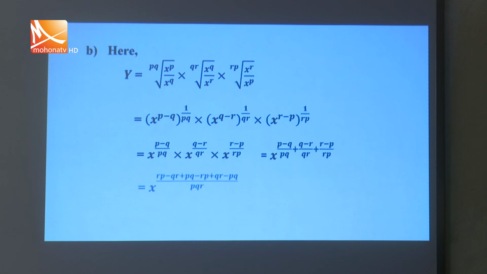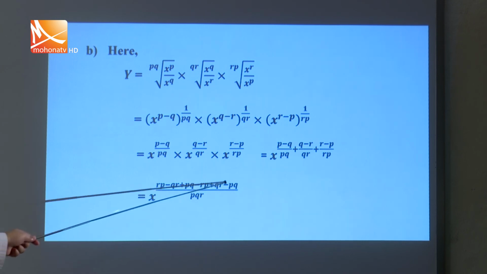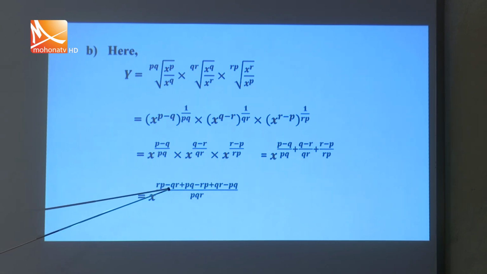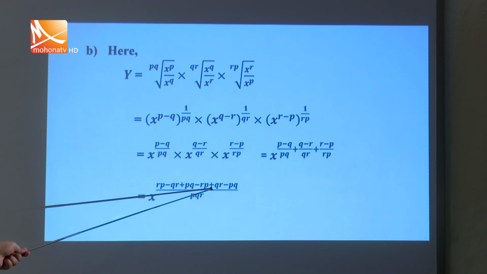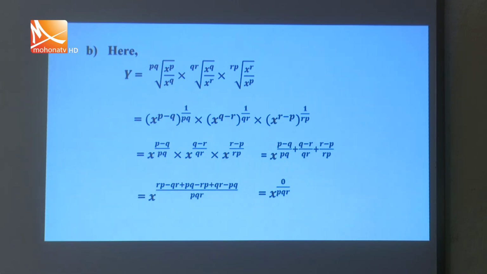And if we add them together, their LCM is pqr, and in our numerator we will get an expression like this: rp minus qr plus pq minus rp plus qr minus pq, and if you cancel them out, then you will get x to the power 0 by pqr, which is actually x to the power 0, equal to 1.